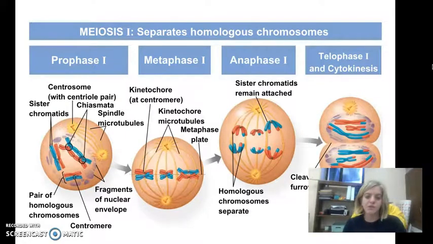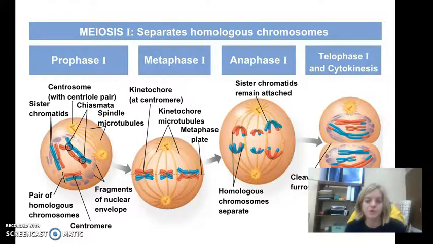This shows you in picture form what's happening here in meiosis 1. Notice we have our homologous pairs hanging out. Then they line up in the center in metaphase, those homologous pairs get separated, and after telophase 1, you end up with one of the homologous pairs in every new nucleus.